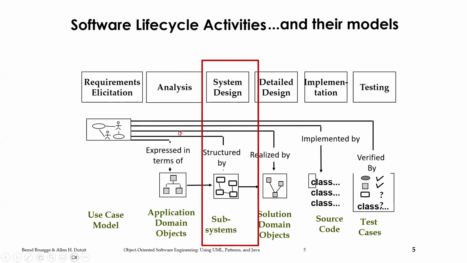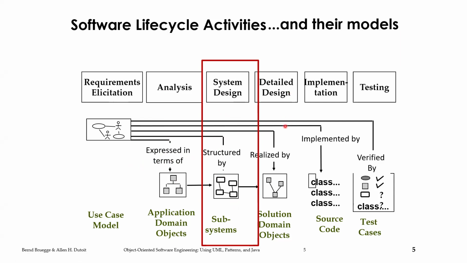In the analysis we created some models that describe some of the objects or entities or the classes that will be needed in the system. Maybe not in a lot of detail, but at least to give us a general idea what entities we have. Now we need to look into a high-level organization of the plan on how we are going to organize these classes together before we start creating the system.